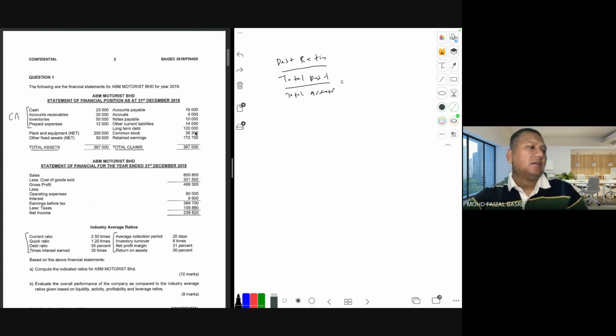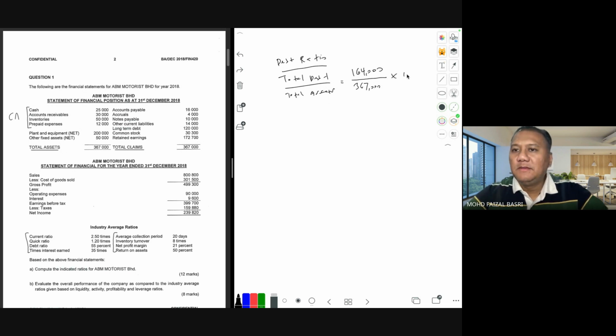So 44 plus 120 is 164,000. And total assets you don't need to calculate, total assets is right here, 367,000. So you just put 367,000.